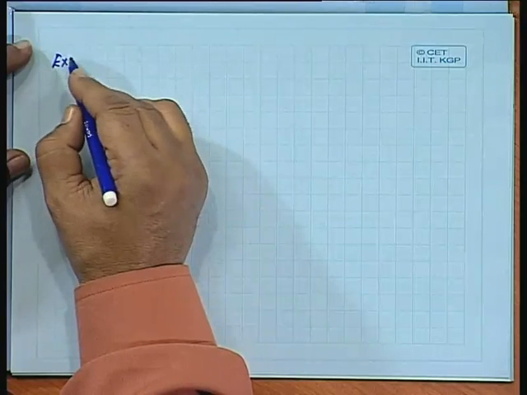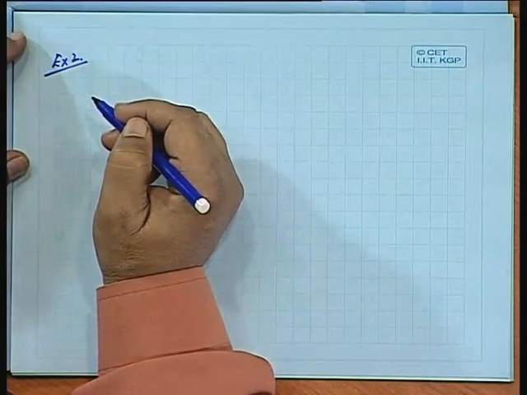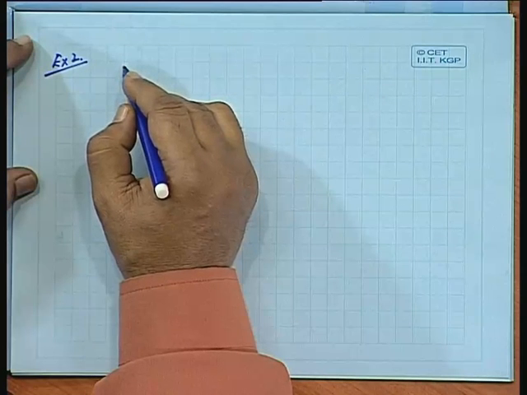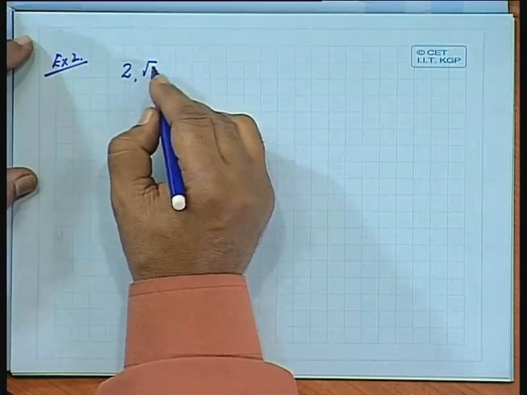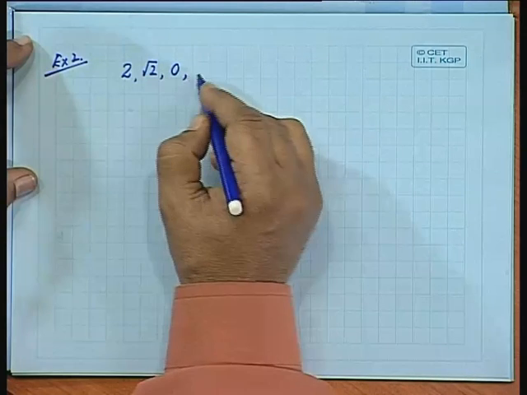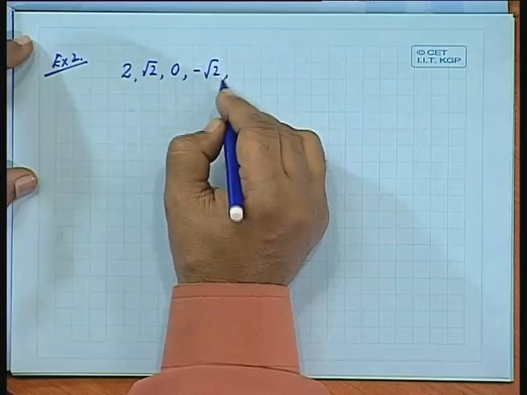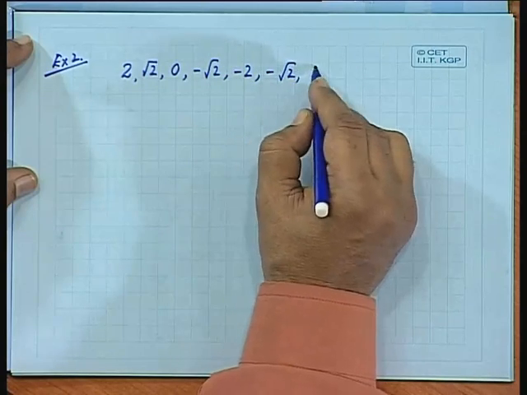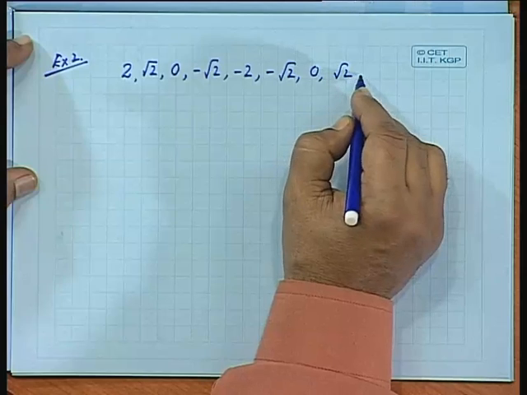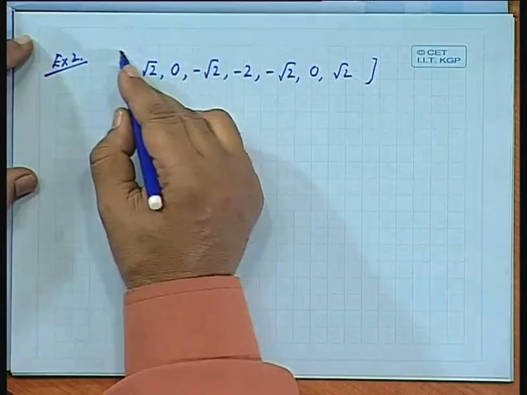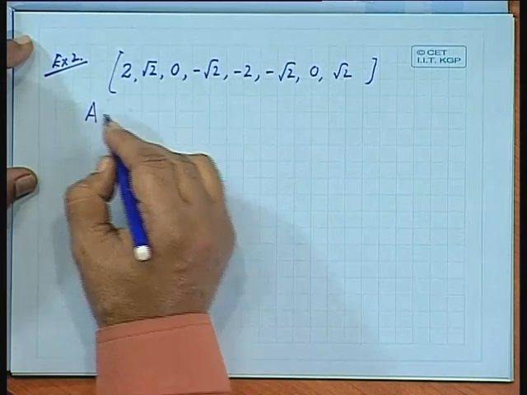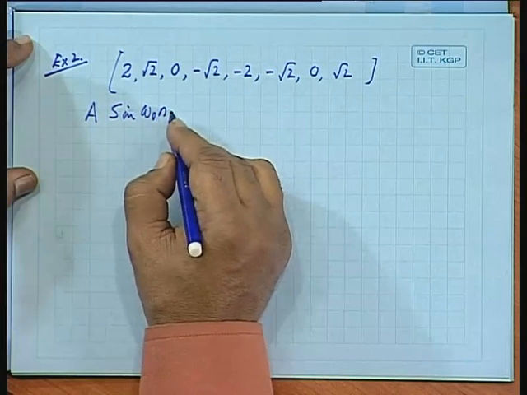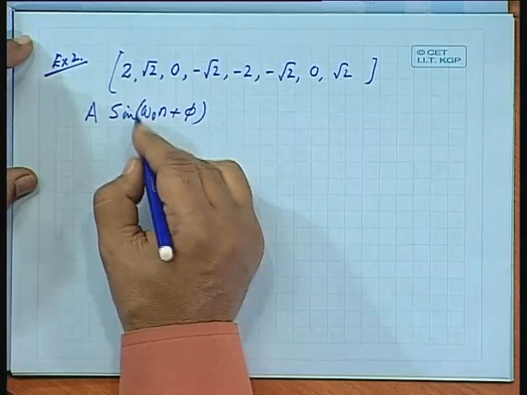Now, next example is, there is a sequence given: 2, root 2, 0, minus root 2, minus 2, minus root 2, 0, root 2. This is just one period of a sequence A sin(omega naught n plus phi).